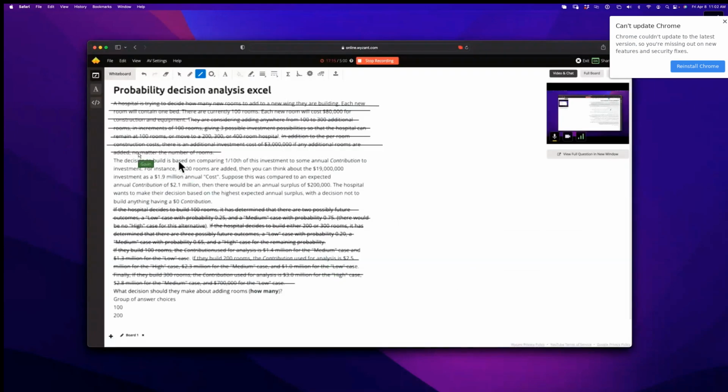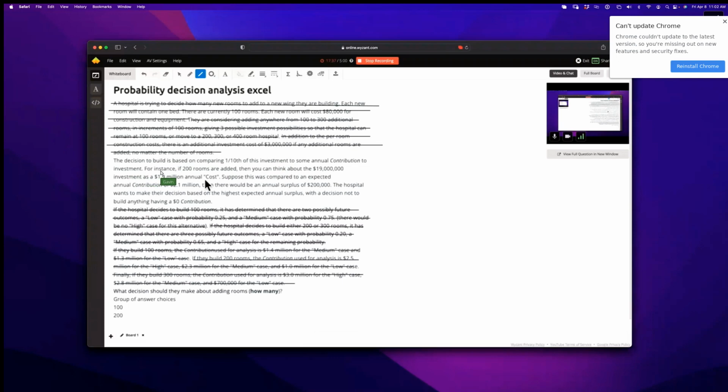Let's read this paragraph again. It says, the decision to build is based on comparing 1/10 of the investment to some annual contribution to investment. For instance, if 200 rooms are added, then you can think about the 19 million investment as a 1.9 million annual cost.